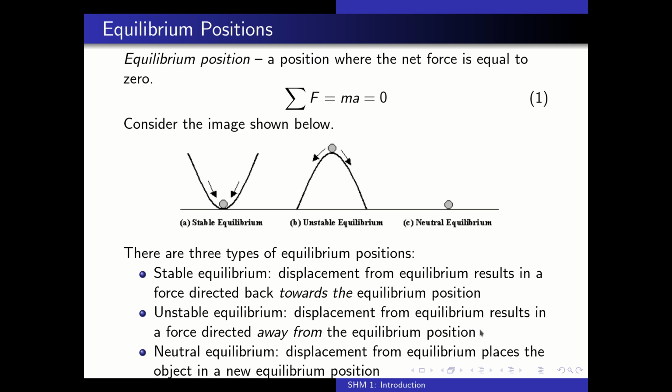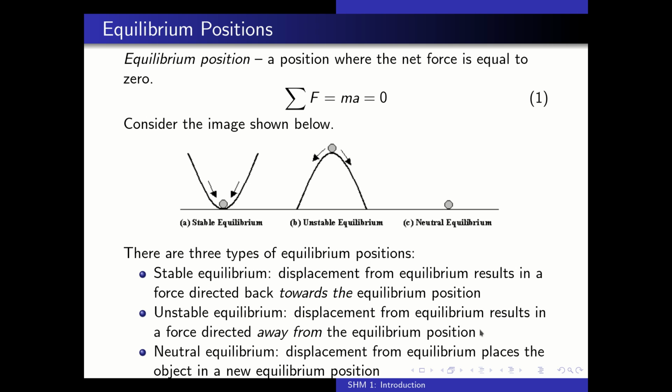Well, let's go back and dig into our equilibrium positions a little bit more. You may have seen this first semester. So recall that in equilibrium, the net force on an object is equal to 0. We have a couple of cases that are shown in the graphic there.